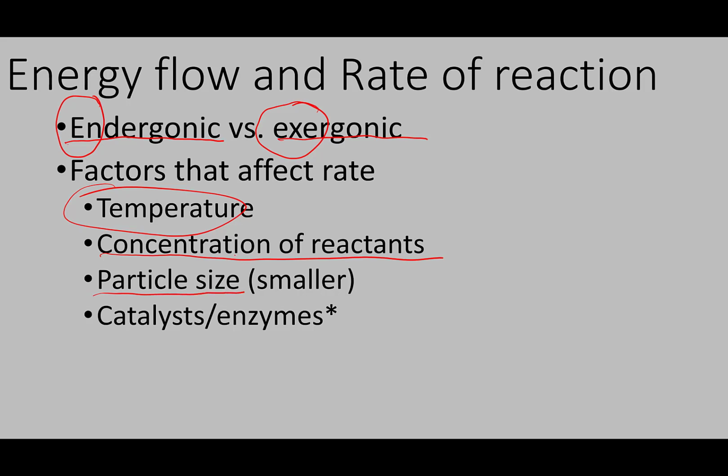Particle size. The smaller the particles, the faster the rate of the reaction, because those particles can move around quicker. And the use of catalysts or enzymes. These are just molecules that speed up reactions. So if we have a catalyst, if we have an enzyme present, that will allow the reaction to happen faster.